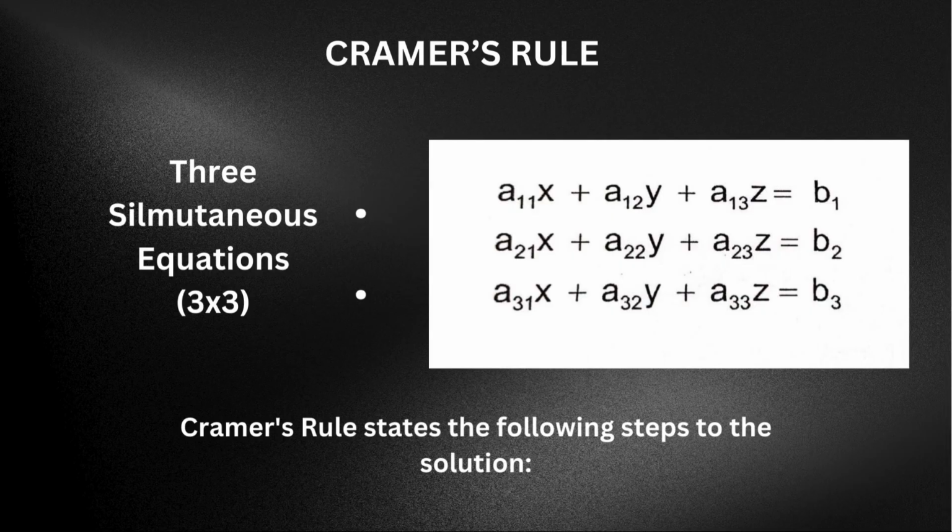Third: A row 3 column 1 x plus A row 3 column 2 y plus A row 3 column 3 z equals B3. Cramer's rule states the following steps to the solution.